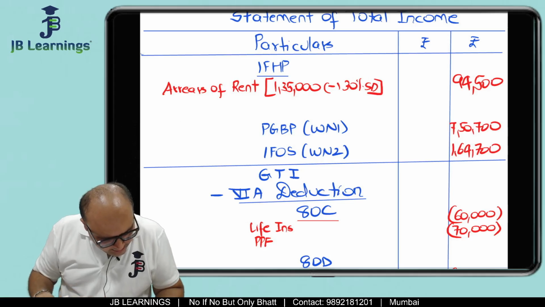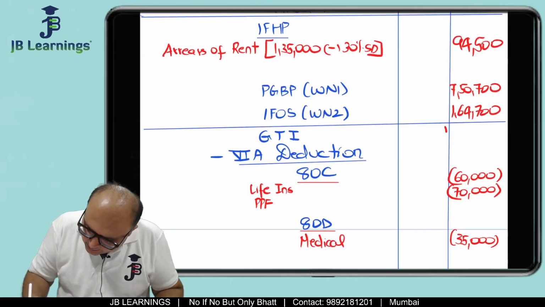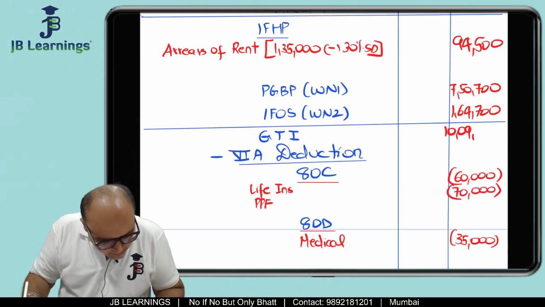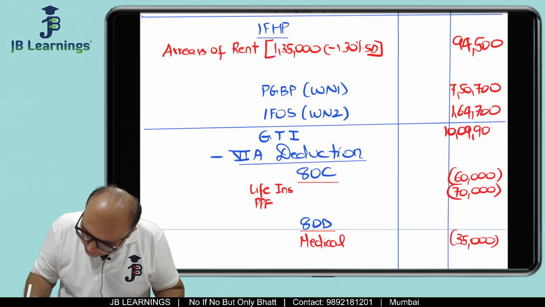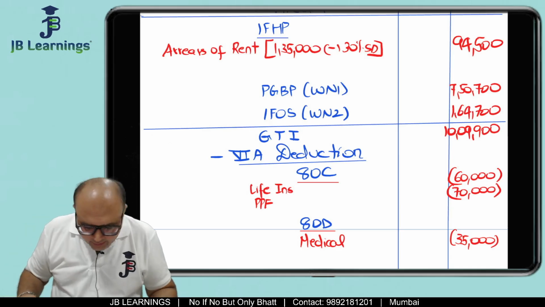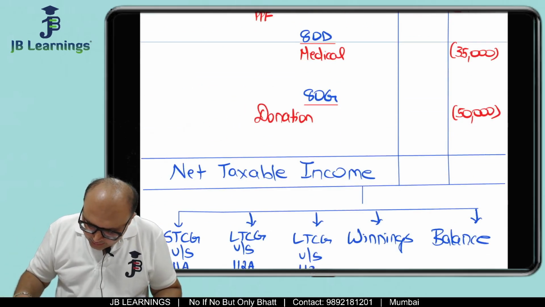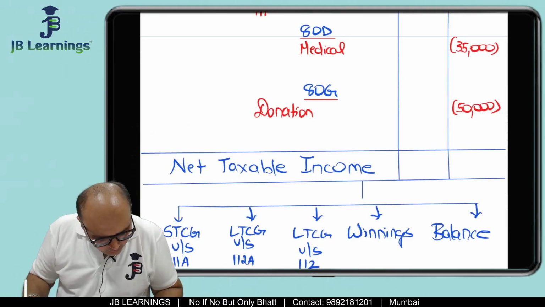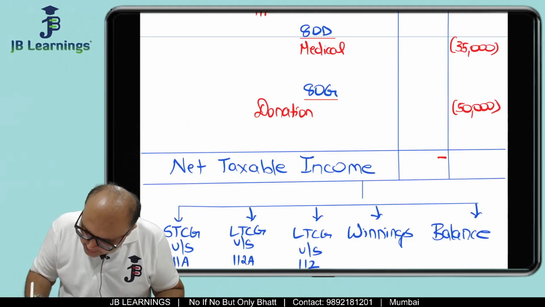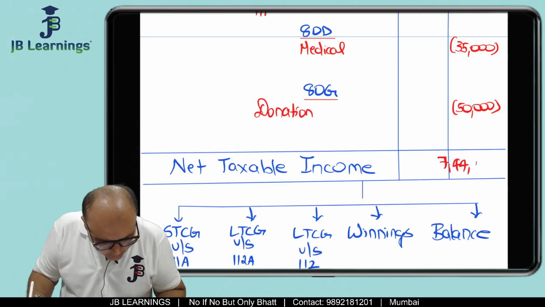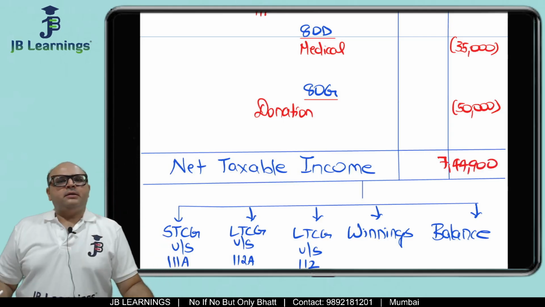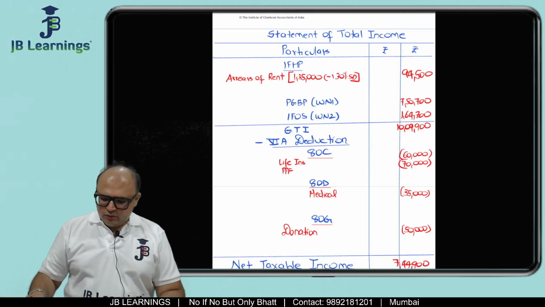The GTI which you get is 10,09,900, and then you do this chapter 6 reduction. Now after this, your total income is 7,44,009. See, this is a way in which you are supposed to solve the sum.